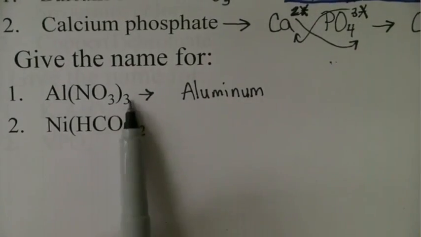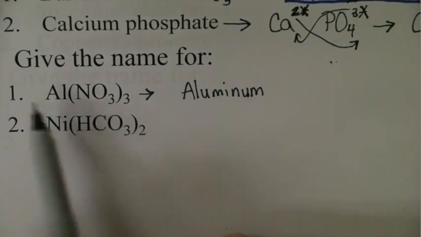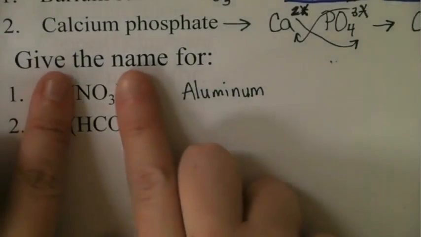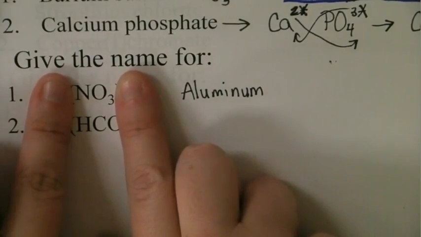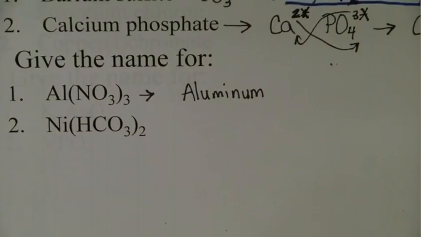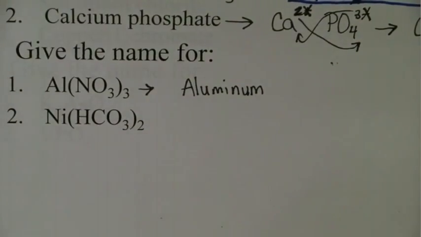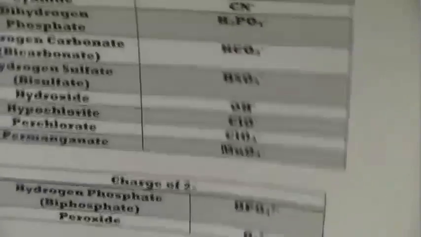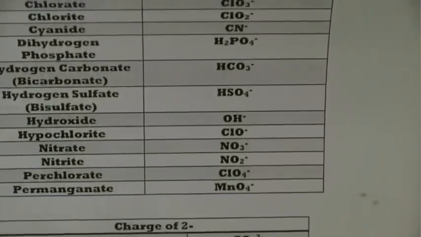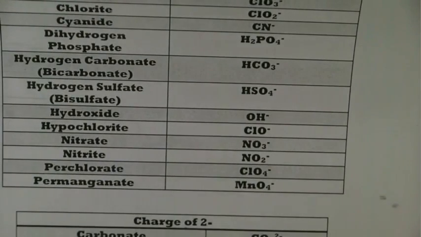So we know it's aluminum, and then you just need to figure out what NO3 is, right? Because remember, this 3 is not really part of the ion. The 3 crossed over from the aluminum. So your job is just to figure out, well, what is NO3? What is that polyatomic ion inside the parentheses? So again, honors, you will have had these memorized at that point. Regular, you can look yours up, unless you're choosing to memorize, which again, you already know.